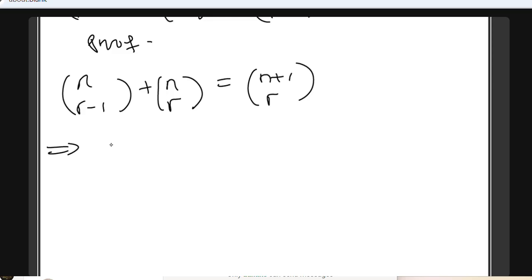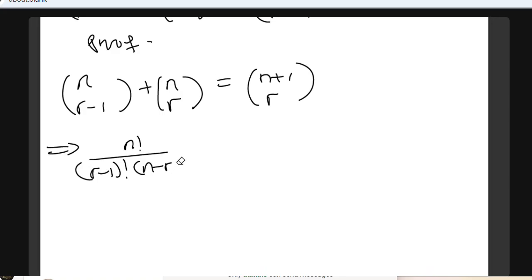This is the same as n factorial over r minus 1 factorial multiplied by n minus r minus 1 factorial.